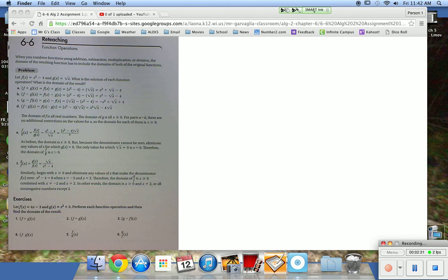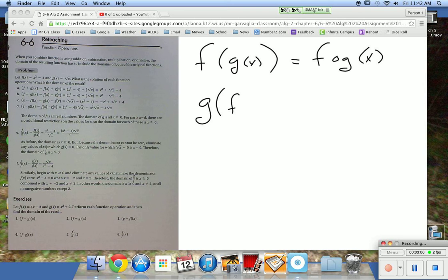All right. Another way that we write it out: if I say f of g of x, you know that we're taking our g of x function and putting it into our f of x function. This is how it can be written, f of g of x, or if we were writing it the other way, g of f of x.